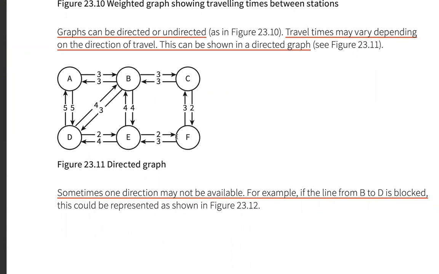Now, you can see here that traveling from E to F and F to E is possible, but the cost is different. Why is that the case? It doesn't say anywhere that the path you're using is the same one. It just means that there is a path in both directions.